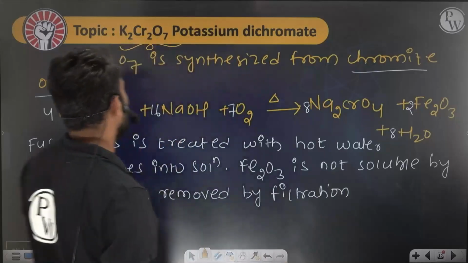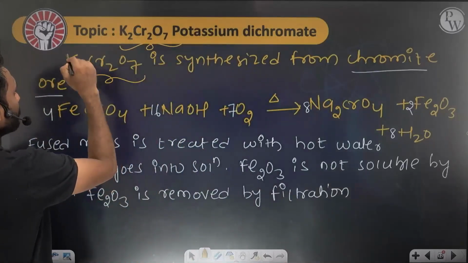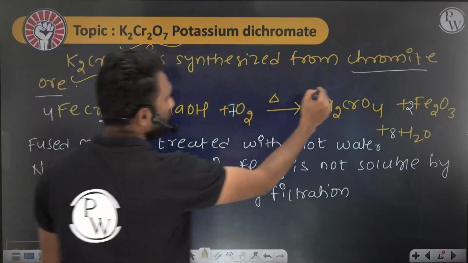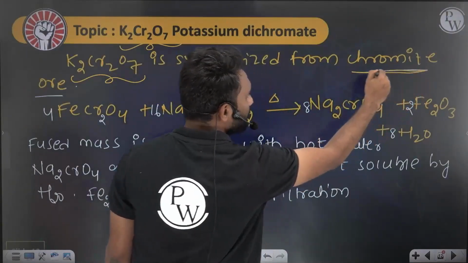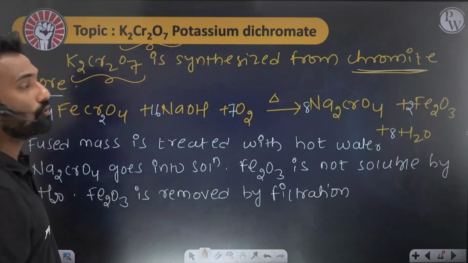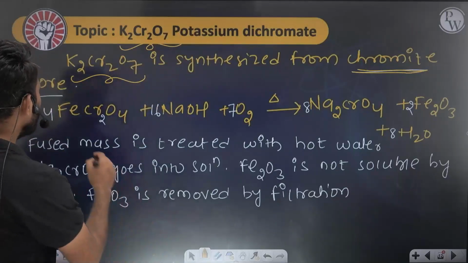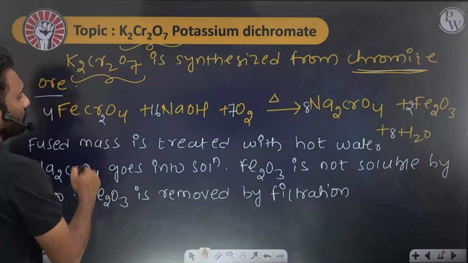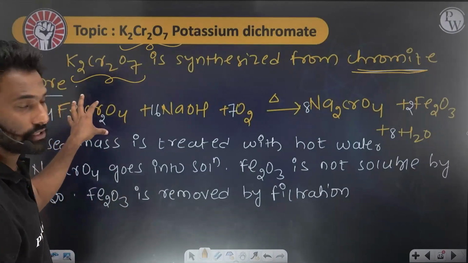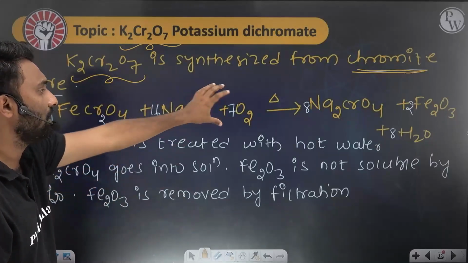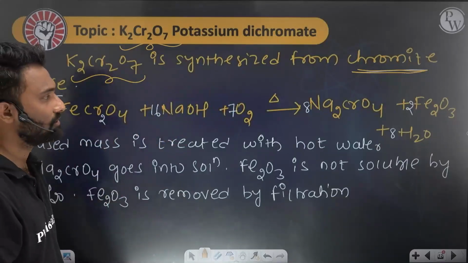Look here, potassium dichromate is synthesized from the chromite ore. This FeCr2O4 is a chromite ore. This chromite ore is fused with the sodium hydroxide in the presence of oxygen.